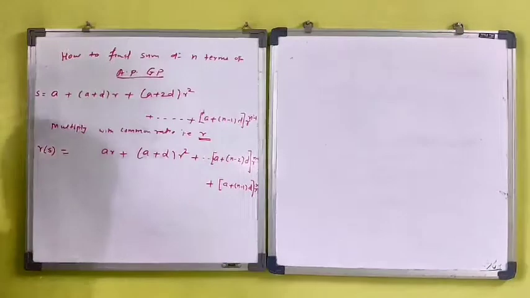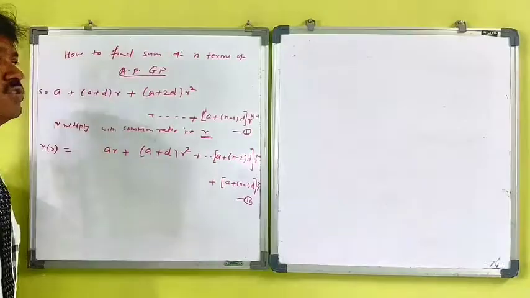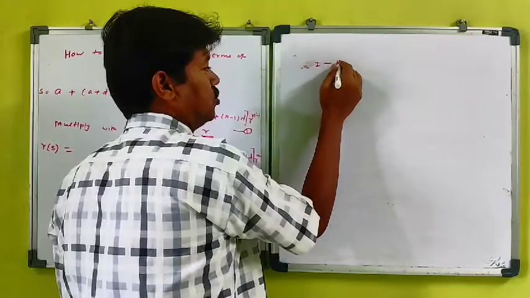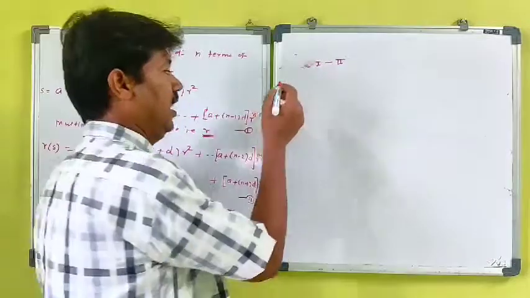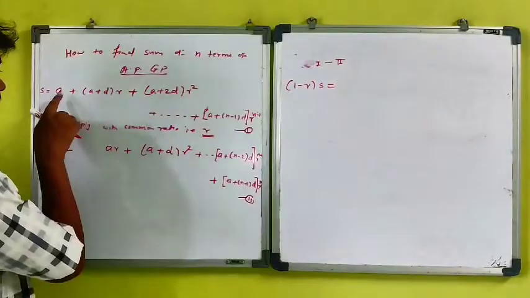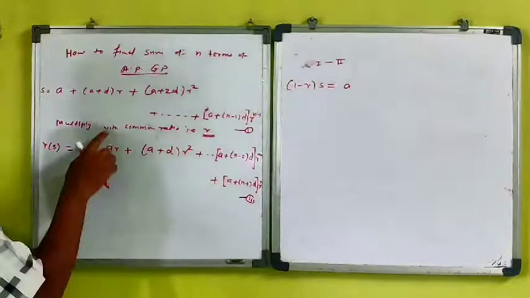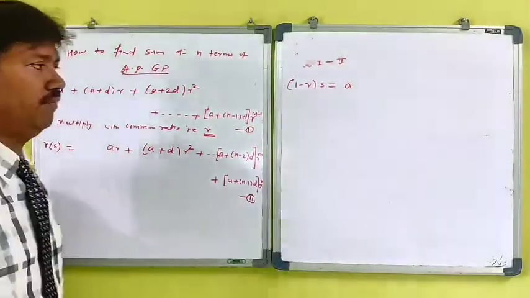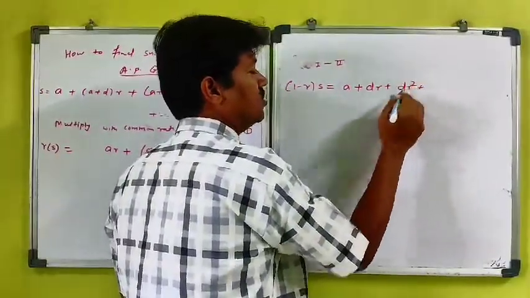So one more term. Now we have to subtract, 1 minus 2. This will give you S minus RS, that is (1 minus R) into S. Here the first term remains as it is, which is A only. If you take this and this, with (A plus D) minus A, that becomes DR. So there is DR. The next term will be DR square.